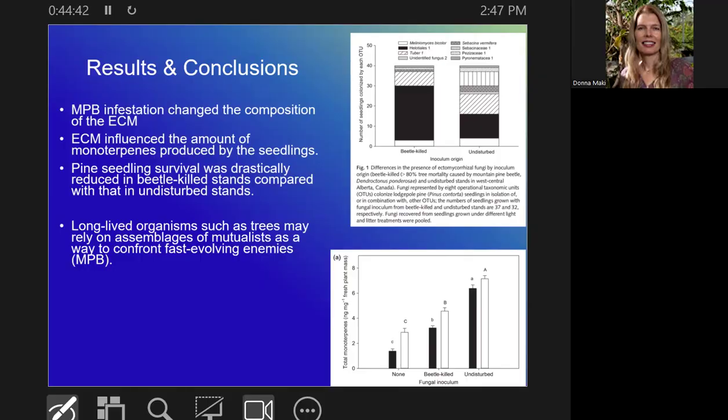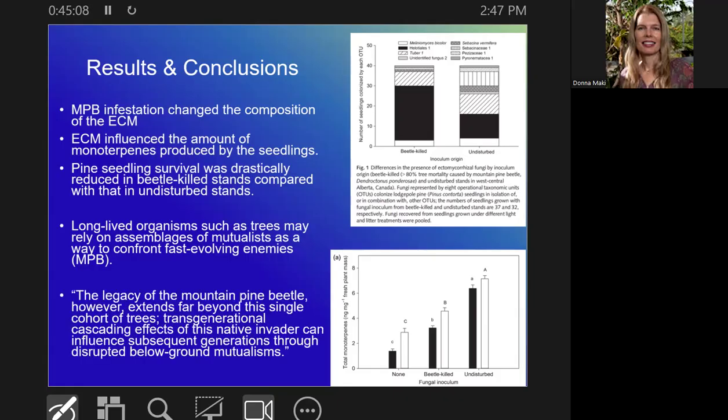So they were saying, maybe when you think about trees that live so long and their timeline is just slowed down compared to us overall, that maybe they have to rely on the mycorrhizal fungi and other symbiotic organisms as a way to try to deal with these infestations that can hit them so quickly and so frequently.